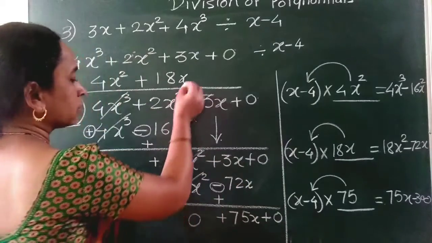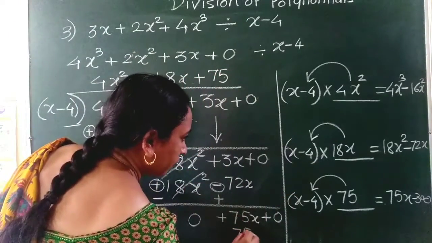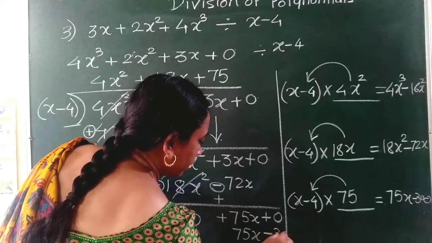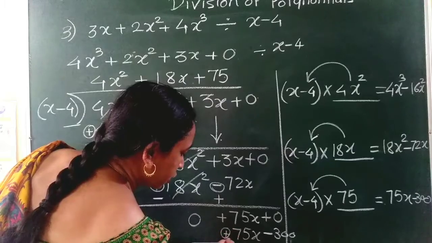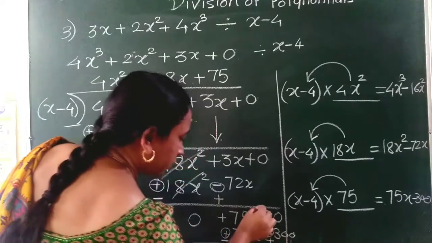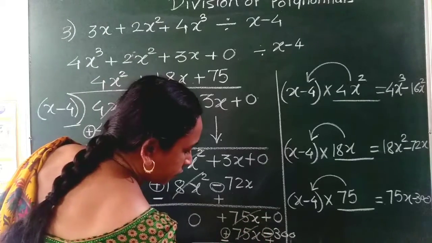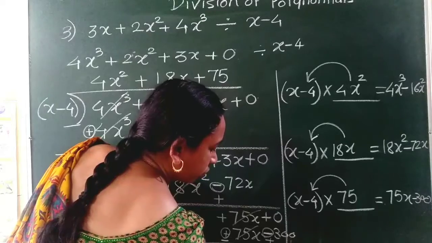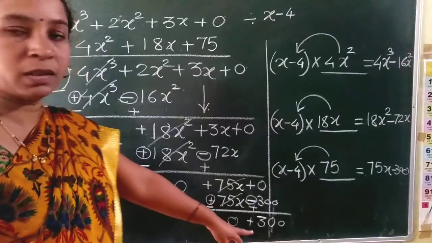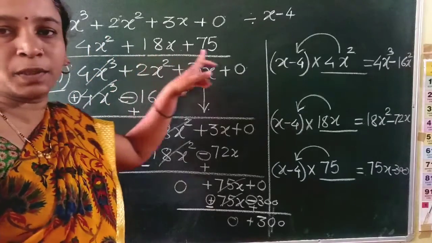Here I will write the third quotient, that is 75, product 75x minus 300. Because of the sign, plus will change into minus, plus will change into minus, minus will change into plus. It will cancel, it will become 0. Addition of these two would be 300. Our remainder is 300 and the quotient is 4x square plus 18x plus 75.